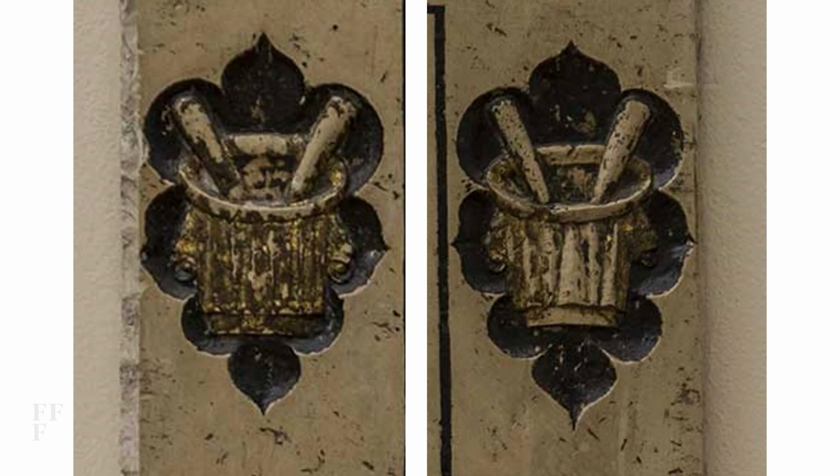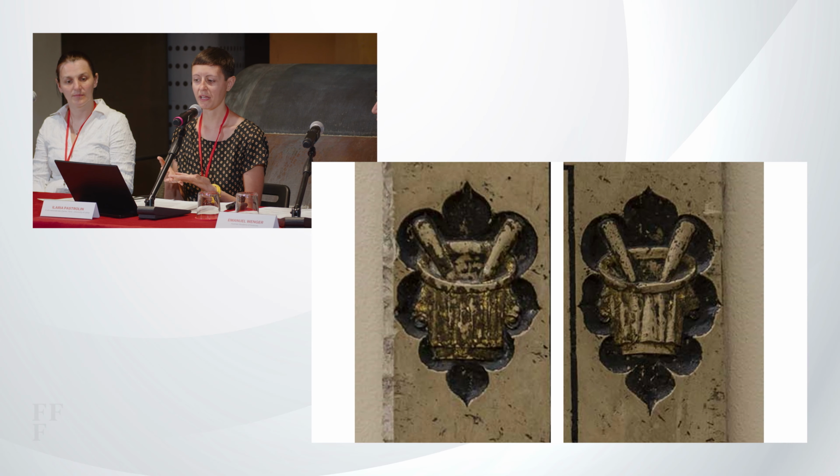And this strong relationship between the Speziali, the Guild of the Pharmacists, and the paper makers is also confirmed by the fact that on the sides of the Bologna stone there are the emblems of the Speziali. So these are the symbols, the mortars and the pestles. And that's also a questioning point about the Bologna stone, but I will talk about it in a moment.